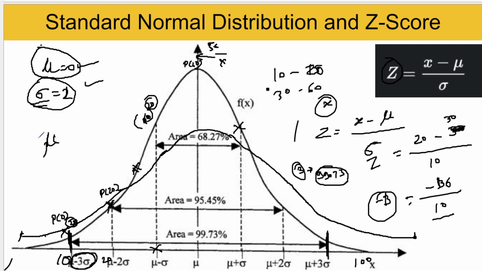Based on these Z scores, we can calculate the p value also. Suppose this is going to be 95.45%.